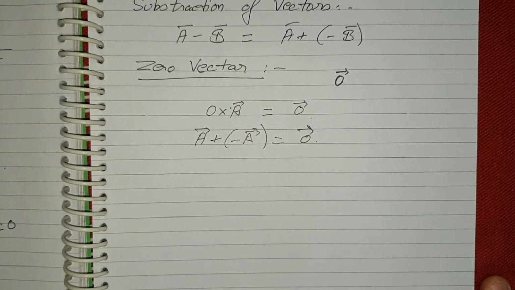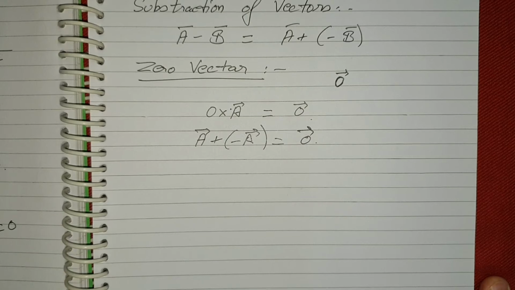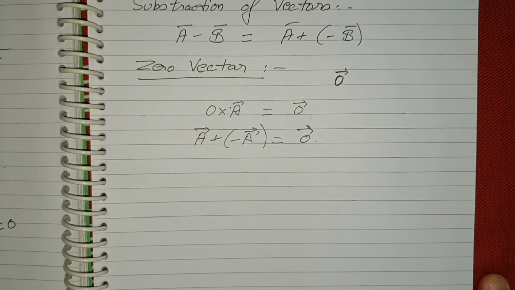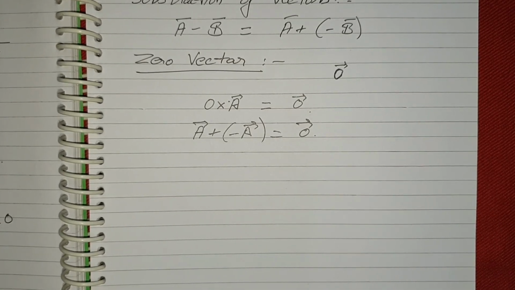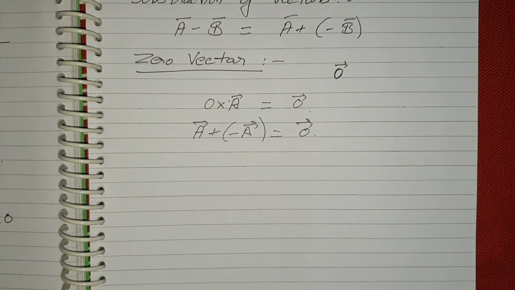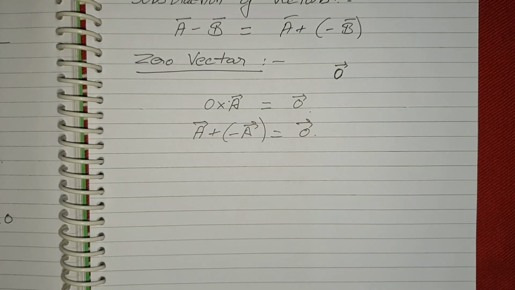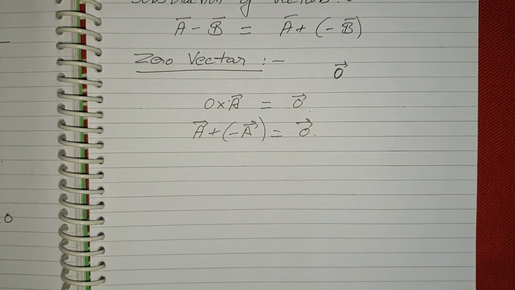Now suppose you want an example of zero vector. The velocity vector of a stationary particle is a zero vector. And also the second example, the position vector of the origin of coordinate axis is also a zero vector.